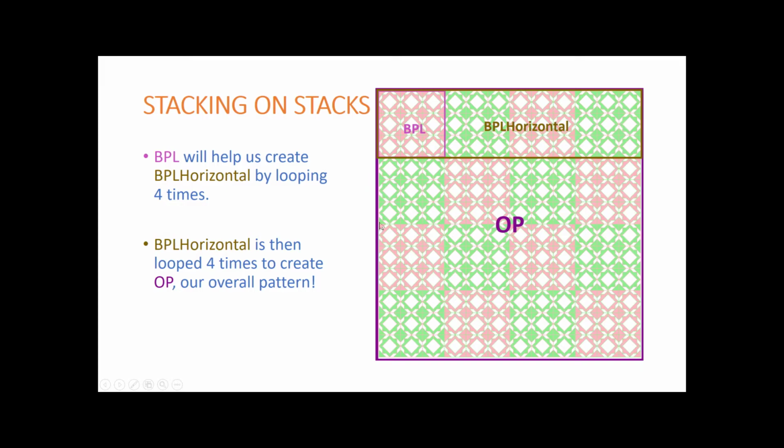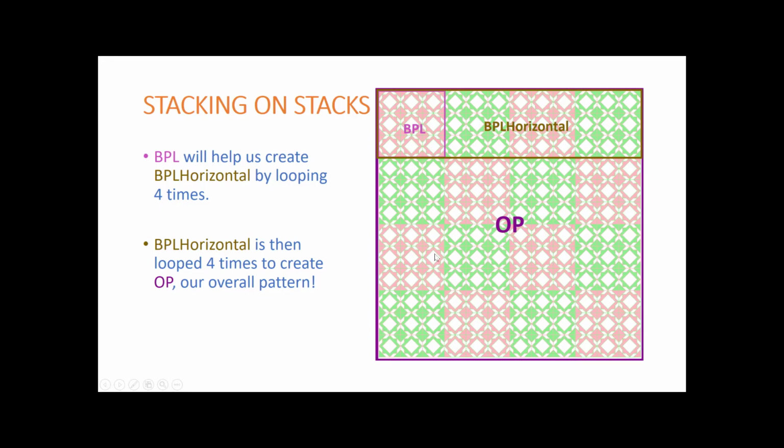Then after that, I'm going to set another position to be down here, so that it would do the exact same thing again. Does that make sense? So I'm going to go down here, loop 4 times to make BPL horizontal this way, and then go up here and loop twice.